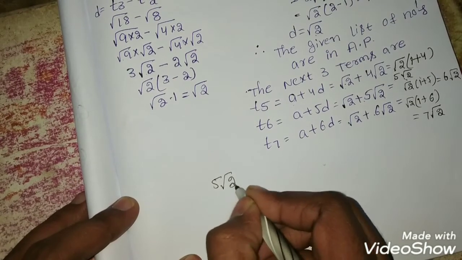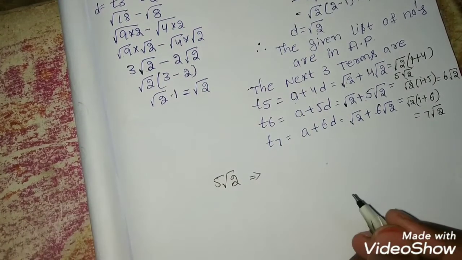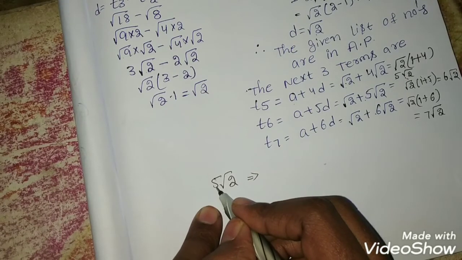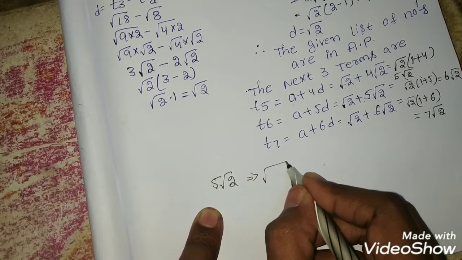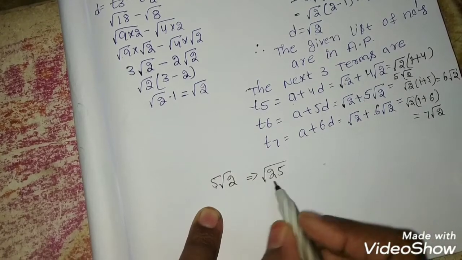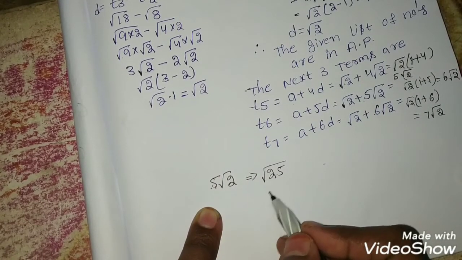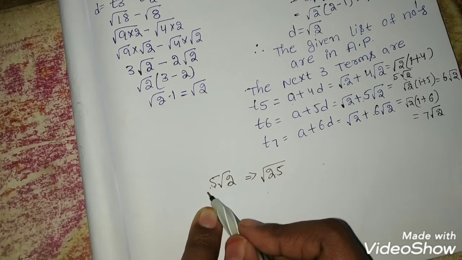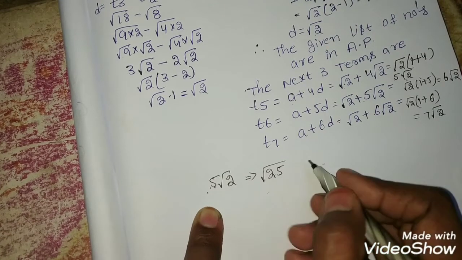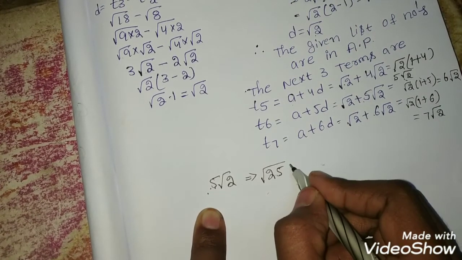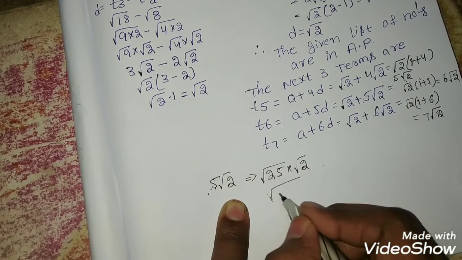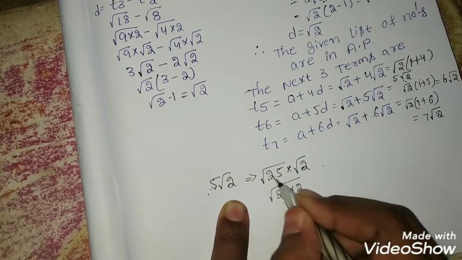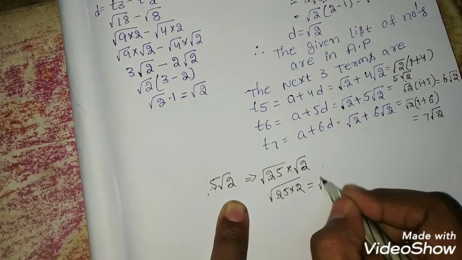So see here, 5 root 2 can be written with this 5 in root, like root 25. Why don't you write 5 as root 25? Because root 25 is 5 itself, no? Are you getting it? Into root 2. Okay, root 25 into 2 is root 50.